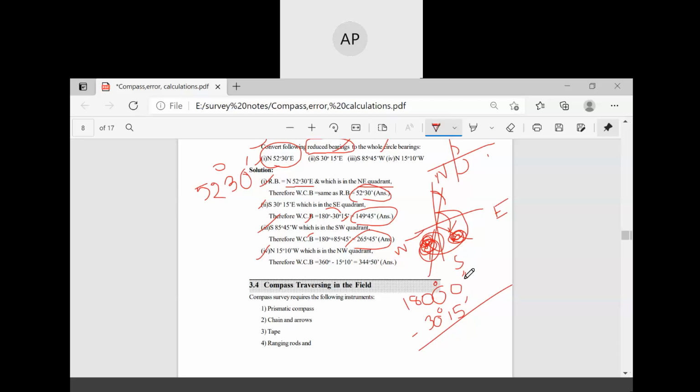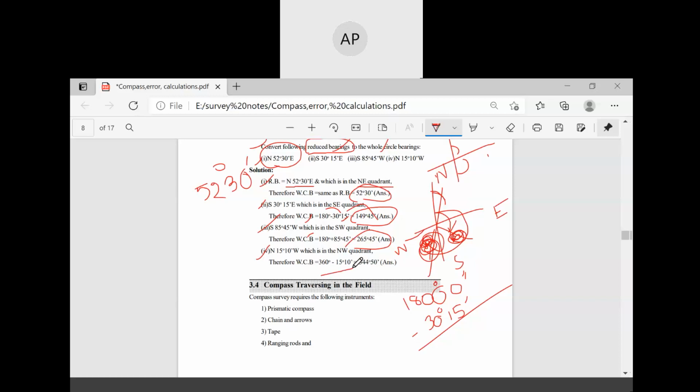Minus 30 degree, 15 minute. Let me take another 180 plus 85.45.